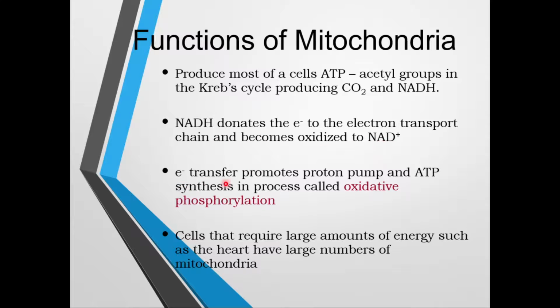Now electron transfer promotes proton pump and ATP synthesis in a process called oxidative phosphorylation. जहाँ पर ATP के synthesis होता है, that process is called as oxidative phosphorylation, which is performed by this cell organelle mitochondria. Cells that require large amounts of energy, such as the heart, have a large number of mitochondria.